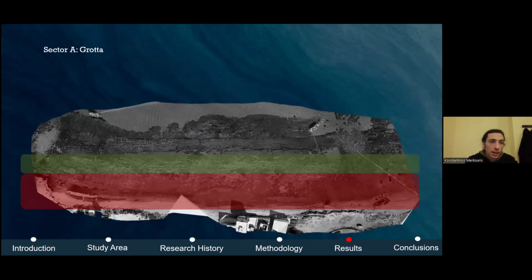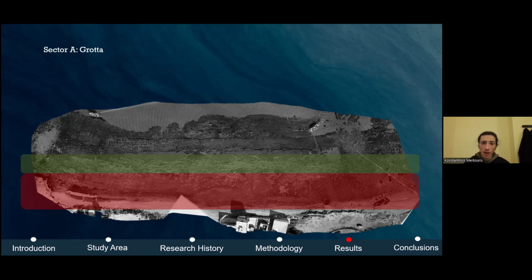Let's move to sector A. In sector A, at the beach of Grotta, within the area where the archaeological remains are found, we can basically identify two zones. The red zone, which is very shallow, from 0 to minus 0.5 meters, contains a large number of stones without a clear arrangement.